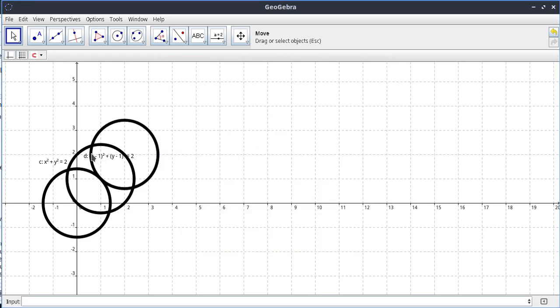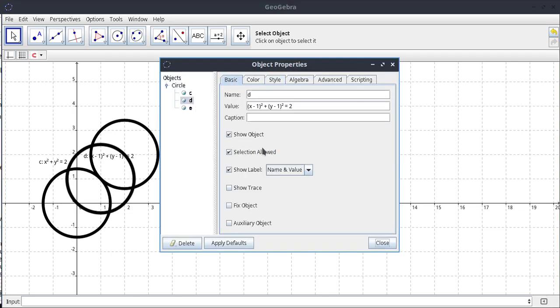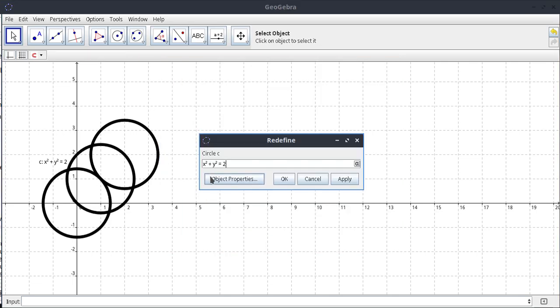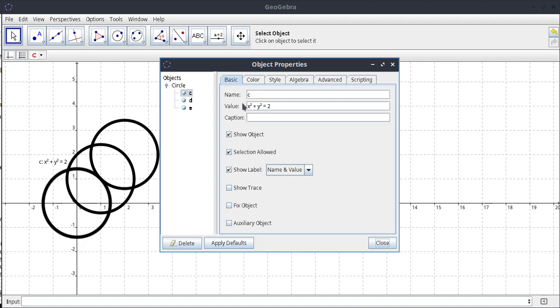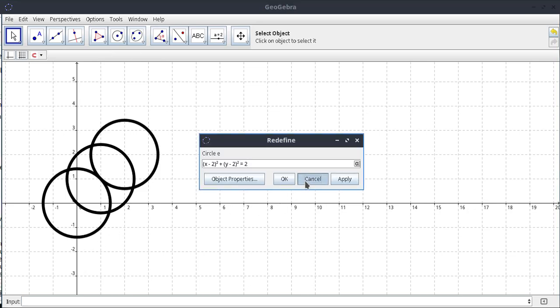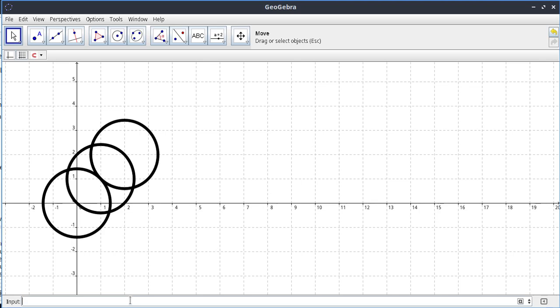We don't necessarily have to be seeing the equations. It's just the circle we want to see. Let's remove the equations from there. The fewer things there, the less crowded the screen will appear. Alright, let's put one more circle.